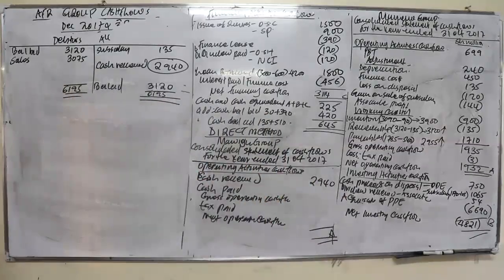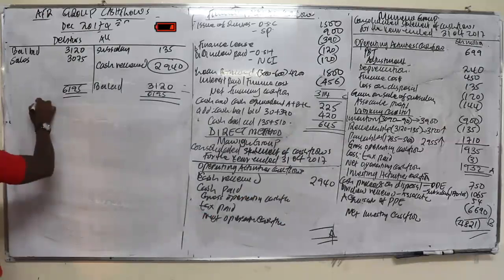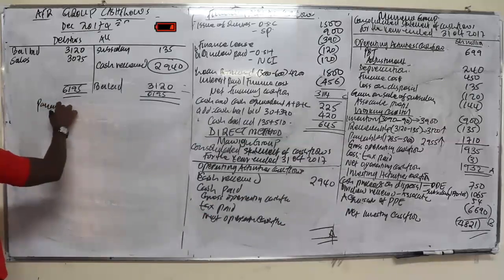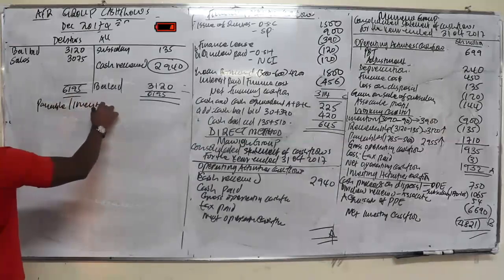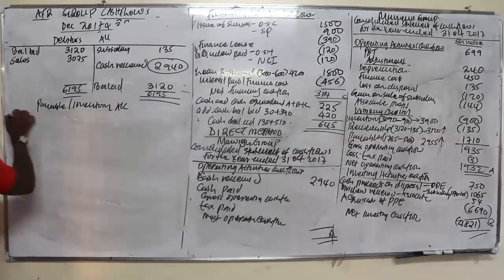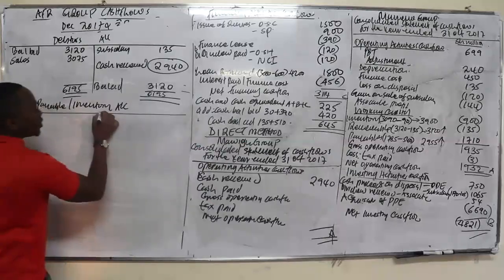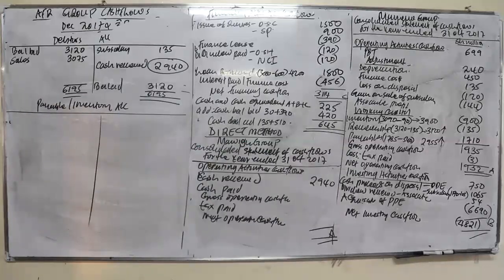How do we get the amount of cash paid? We say that you open two accounts. Which one and which one? Accounts payable and inventory account. I told you that the easier way is to open them as one. Let's start with inventory.